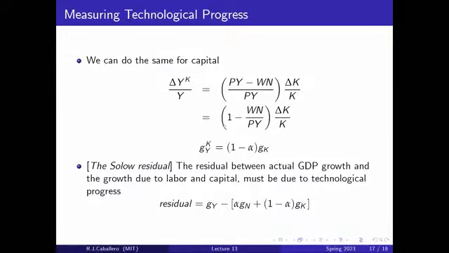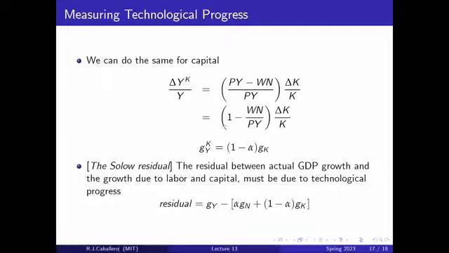So it's total revenue minus the wage payment, the wage bill, divided by total revenue, times the rate of growth of capital. Okay? So the contribution to output growth of the rate of growth of capital is 1 minus alpha, which is the share of capital, times the rate of growth of capital.